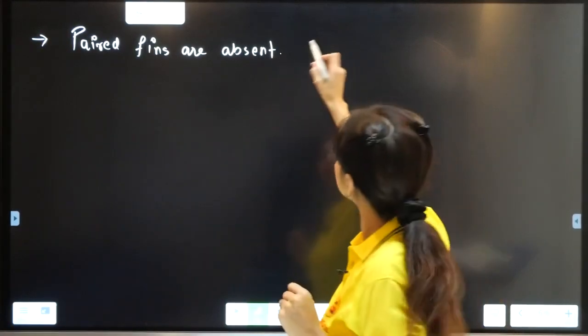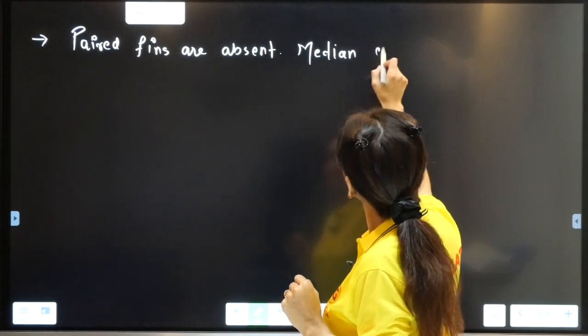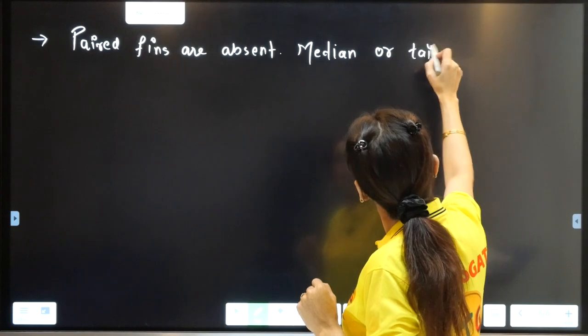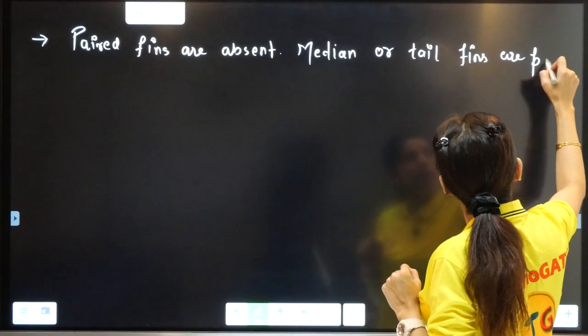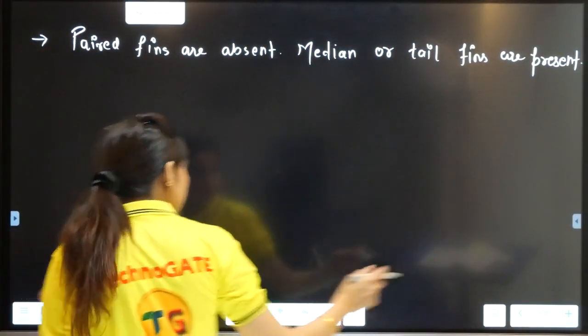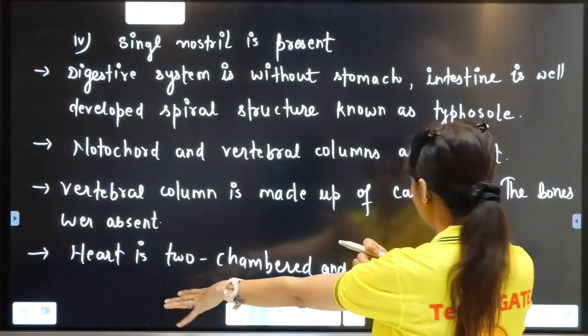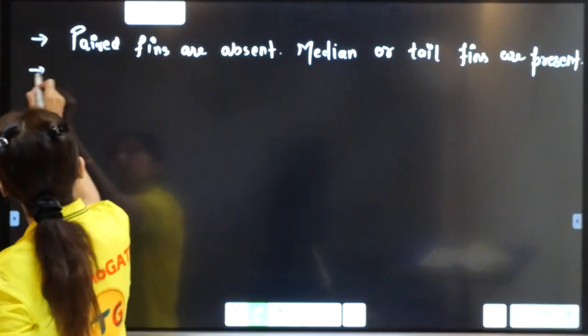Apart from paired fins, median or tail fins are present. Okay, median or tail fins are present. Now write down a very important point. In the circulatory system we have not added it yet. Write down here only, or write down in the next part. Write down the circulatory system.